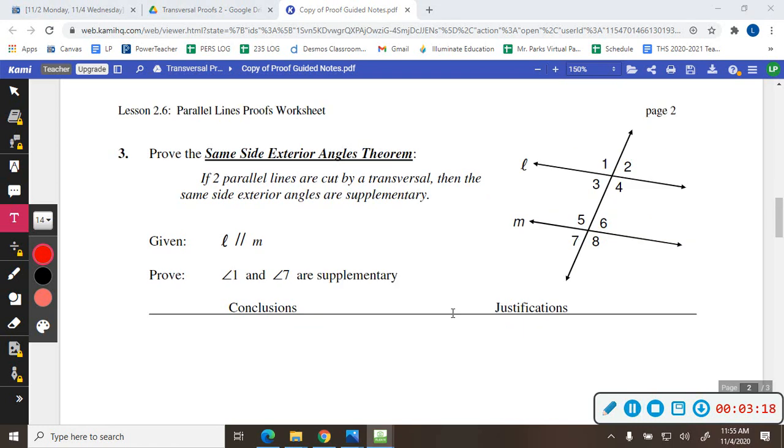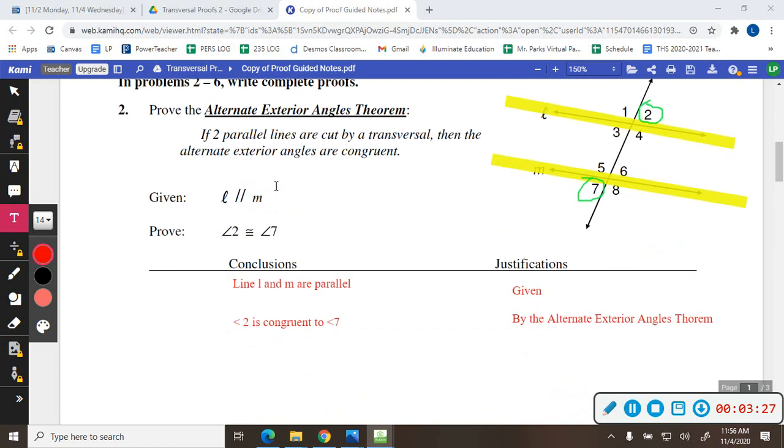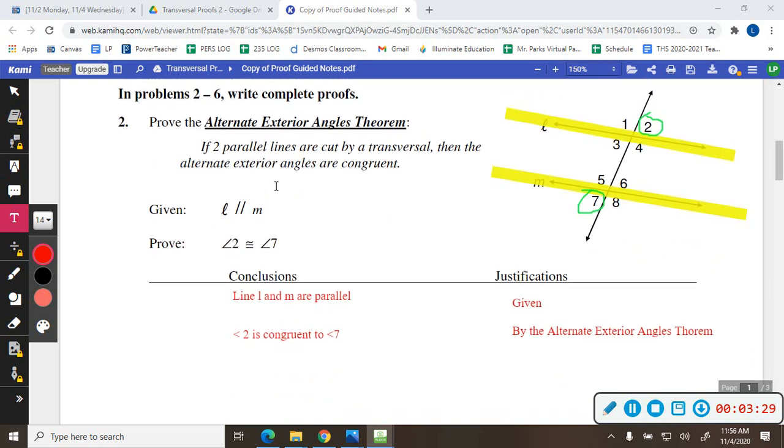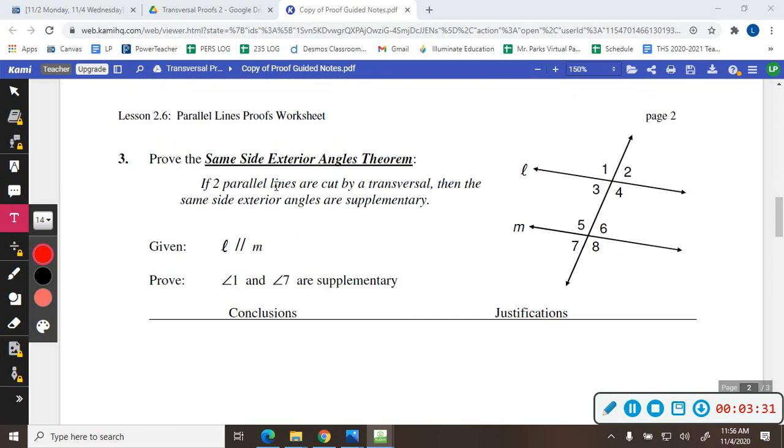All right, for here, they want us to prove the same side exterior angles theorem. And so they tell us that L is parallel to M. And they tell us that 1 and 7, or they want us to prove that 1 and 7 are supplementary.